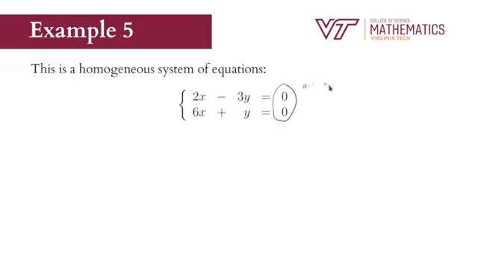All the constant terms are 0. That means we're always guaranteed to have a trivial solution, when x is equal to 0 and y is equal to 0. We call that the trivial solution because I don't even have to row reduce to know that plugging in 0 for x and 0 for y is going to give me 0. That's just the way that 0 behaves.